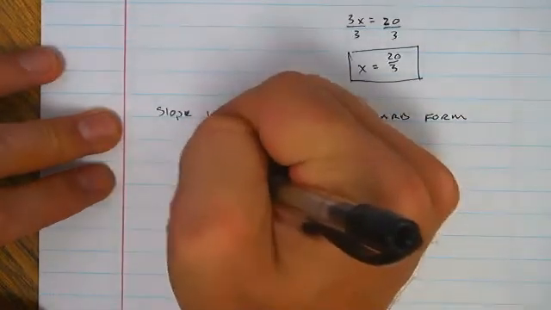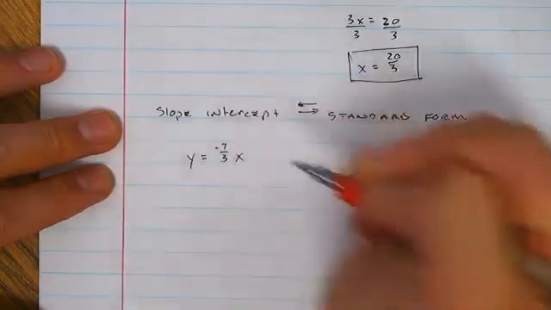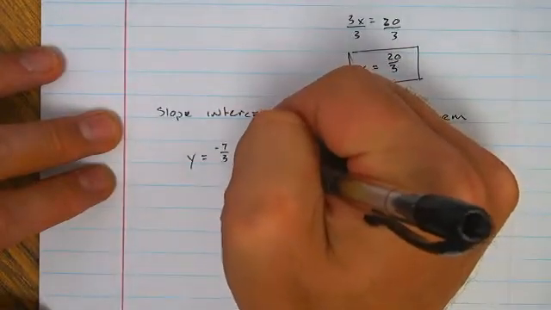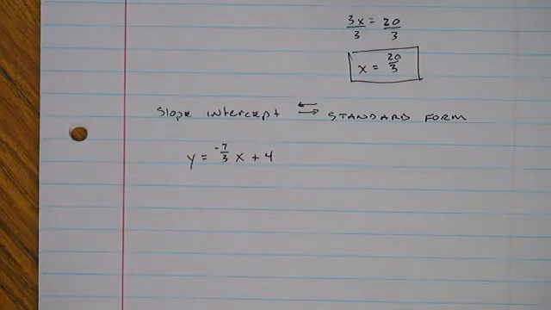So let's say y equals 7/3 x plus 4. Okay. So that is our slope intercept form, and we're going to take that and go to standard, and then we'll reverse the process.